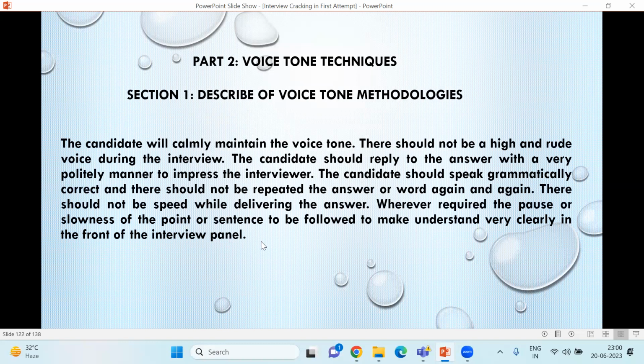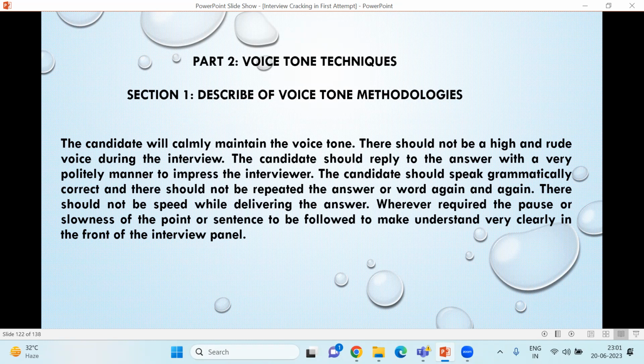So section 1 is talking about the exact tone methodologies to be followed during the interview. There should not be any hurry while speaking or answering the questions in front of the interviewer, and no repeated word or repeated answer should be told to the interviewer.